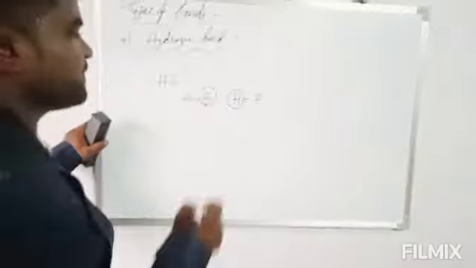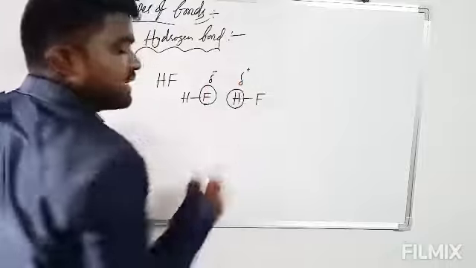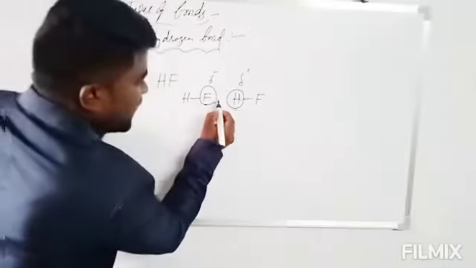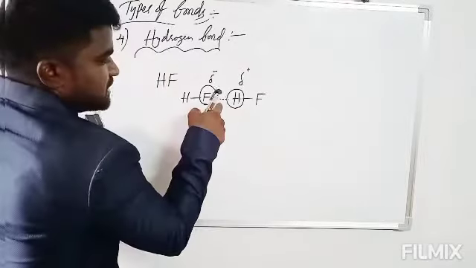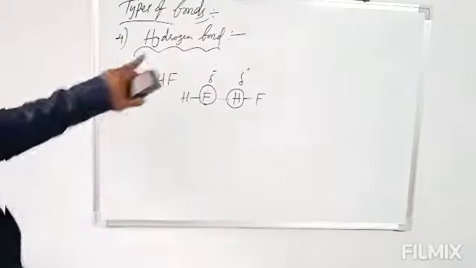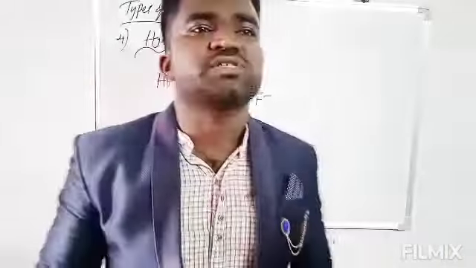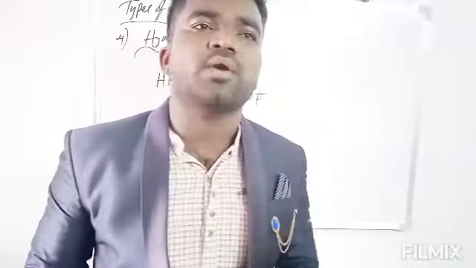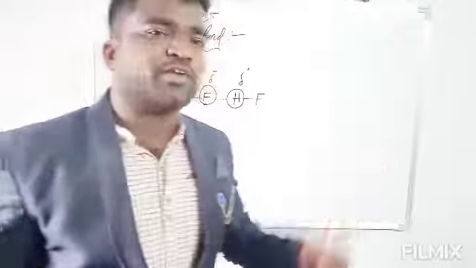So it is slightly positive and this is slightly negative. Now the bond is going to form between them. This type of bond is known as a hydrogen bond. If a bond forms between a hydrogen and the most electronegative atom, that type of bond is known as a hydrogen bond.